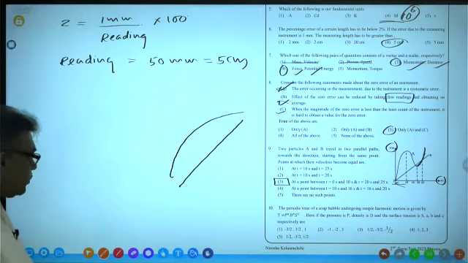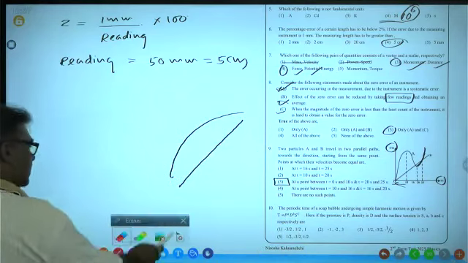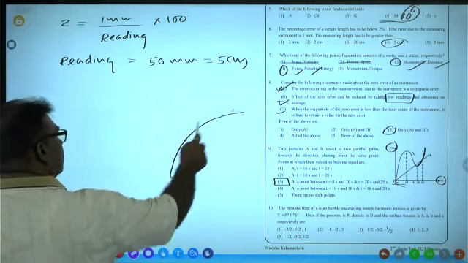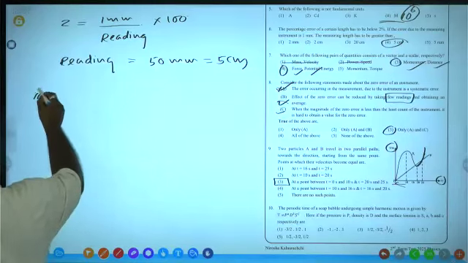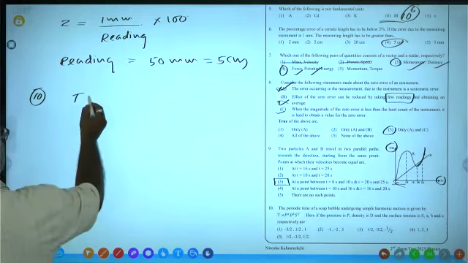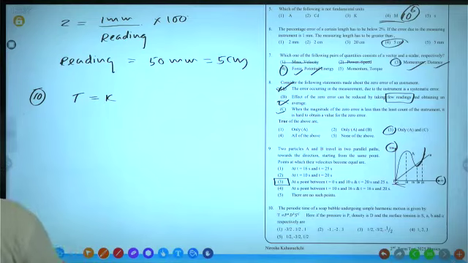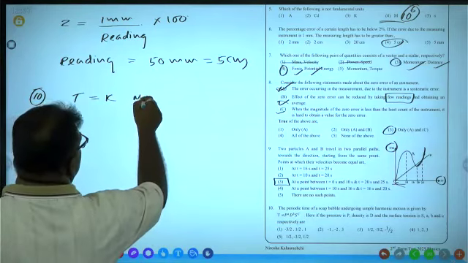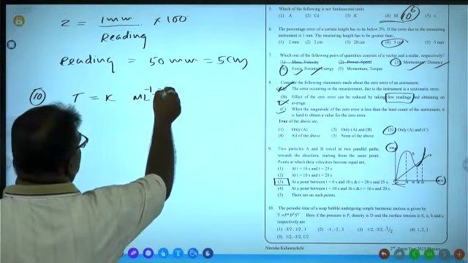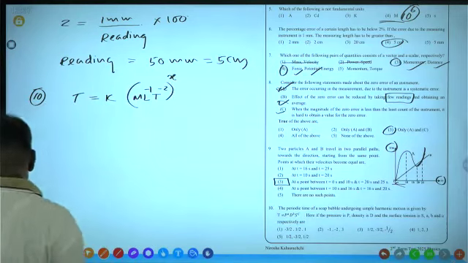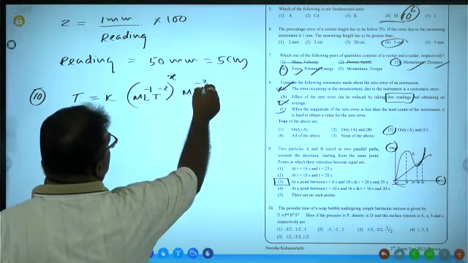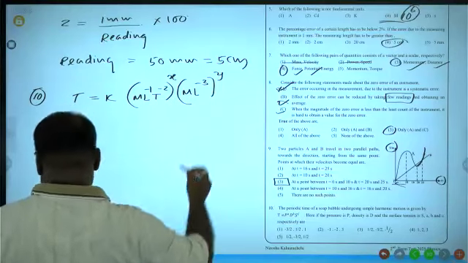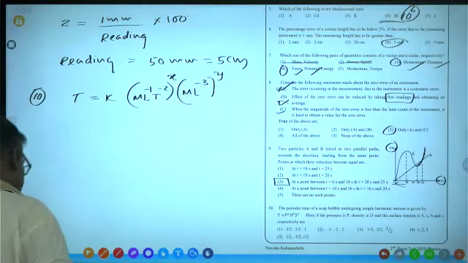Okay. Question number 10, basic simplification. The periodic time of a soap bubble, you are given, depends upon pressure P, with dimensions ML^-1T^-2 to the power of x, and d is the density, ML^-3 to the power of y, and the last thing is surface tension.